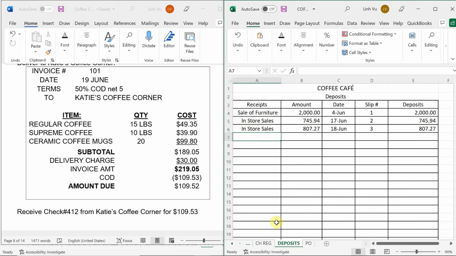So in this case, what was the reason that we received this money? You could say Katie, invoice number 101. Okay. And how much did we receive? 109.53. Now, like I said, I'm not going to deposit it yet. I'm going to wait till the very end of the day to deposit everything at once, okay?